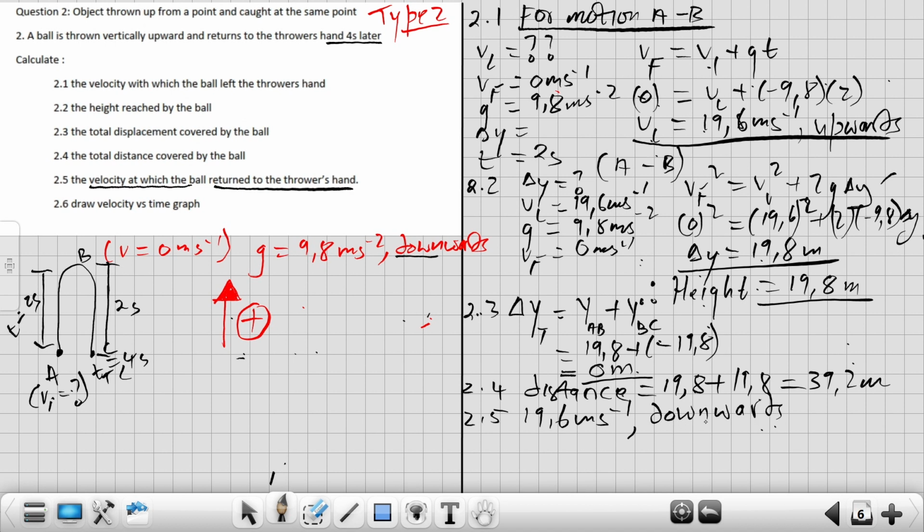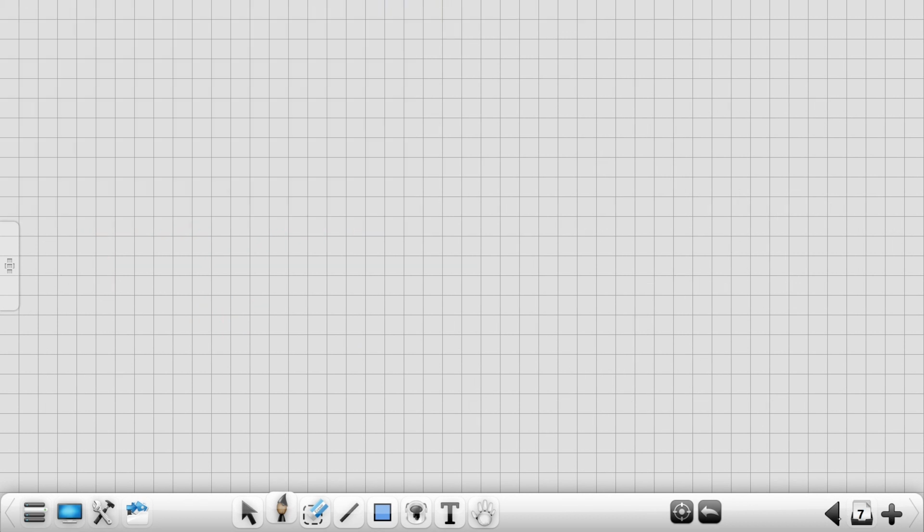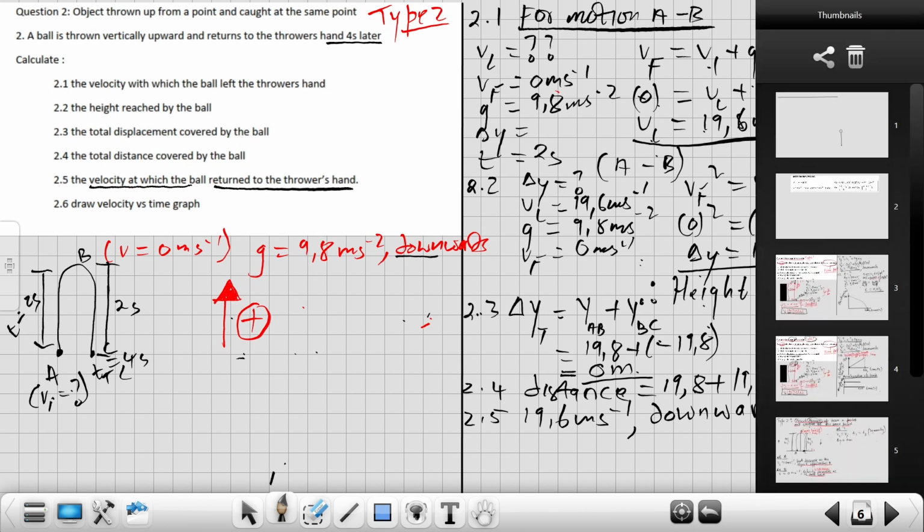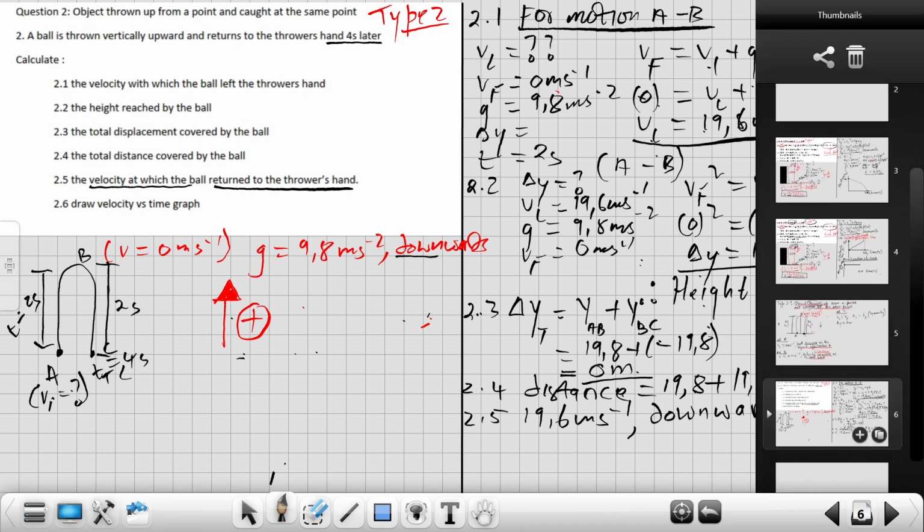Because we are assigning the direction, we easily know that this should be negative. So let me just duplicate this page so that we can do the final question.